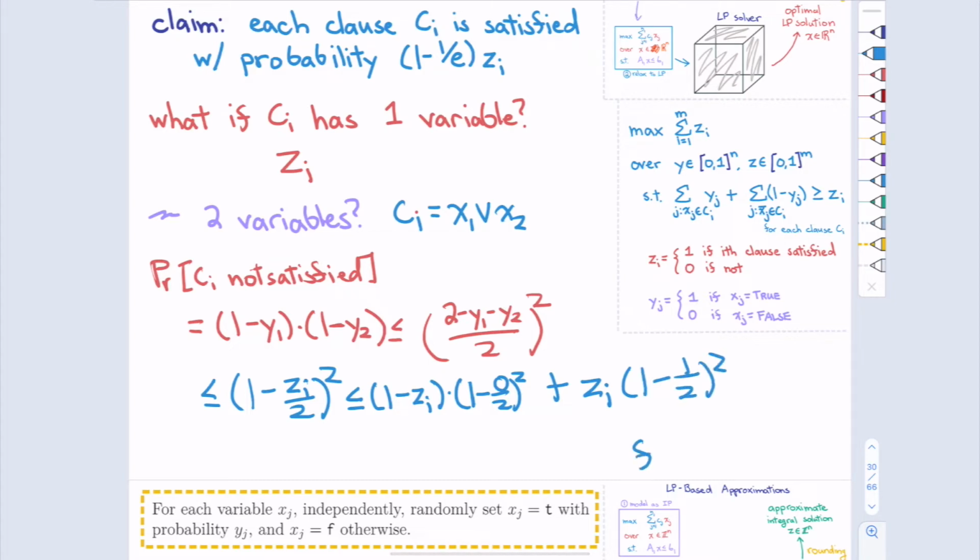This is just because the function f of x equals 1 minus x over 2 squared is convex, just like the e to the stuff before. It's going to look something like that.